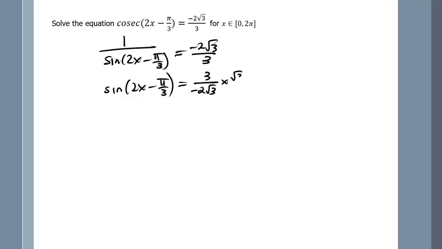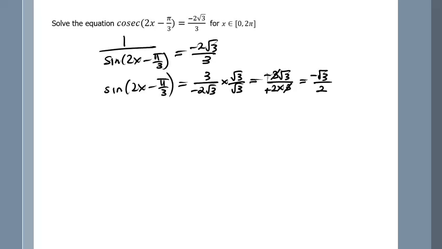If I multiply that by root 3 over root 3, we end up with negative 3 root 3 on top. On the bottom, we're going to have negative 2 times 3. That's going to give us the 3 and the 3 cancel. Oh, I've got 2 negatives in there, sorry. I'll make that a positive. Okay, so we end up with negative root 3 on 2.